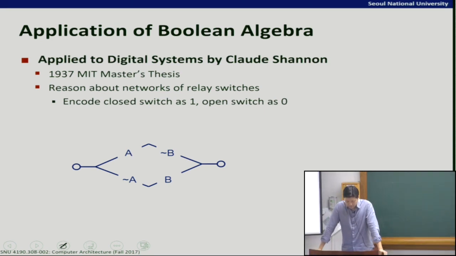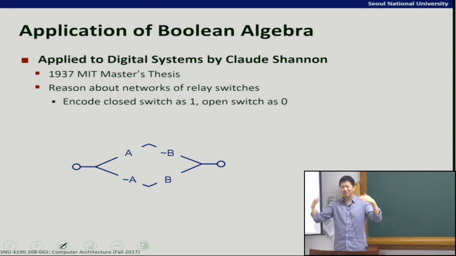This one is based on an MIT master's thesis. It is perhaps the most influential master's thesis in history, because in grad school, the expectation for a master's thesis is not that high.